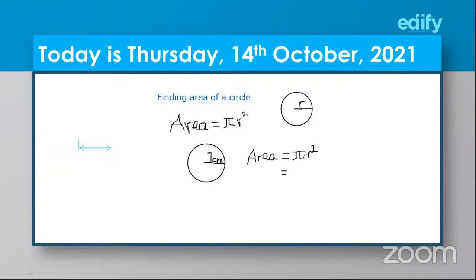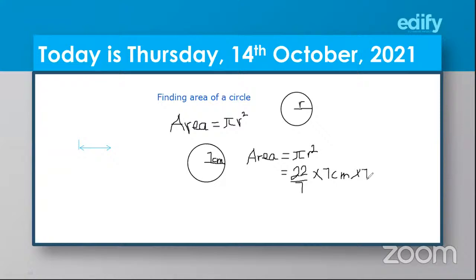Since the radius is a multiple of 7, we are going to use 22 over 7. So pi will be 22 over 7, times 7 centimeters times 7 centimeters.